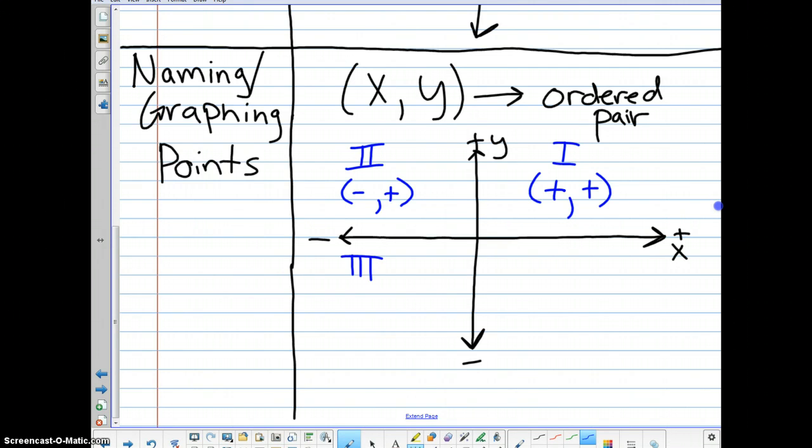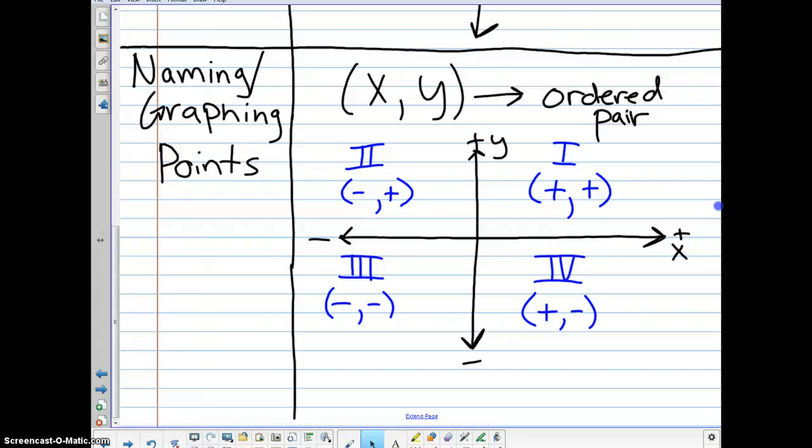In quadrant 3, any points that we plot, both the X and the Y are going to be negative. And then finally in quadrant 4, the last remaining option, our X is going to be positive but our Y is going to be negative. Okay, and these little signs on the end by the X and the Y on either end of our axes are helping us remember which one is positive and which one is negative.